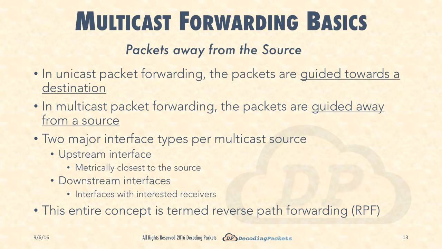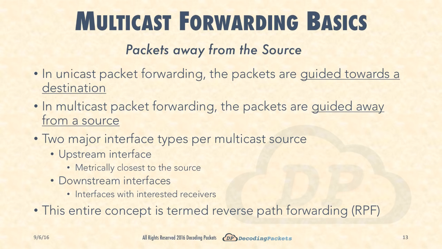And we'll learn why this little distinction is very, very important in the rest of this lecture and really the rest of the course as well. But really, every time you think of a multicast packet being quote-unquote routed through a network or forwarded through a network, think of it as being forwarded away from a source versus towards a destination.